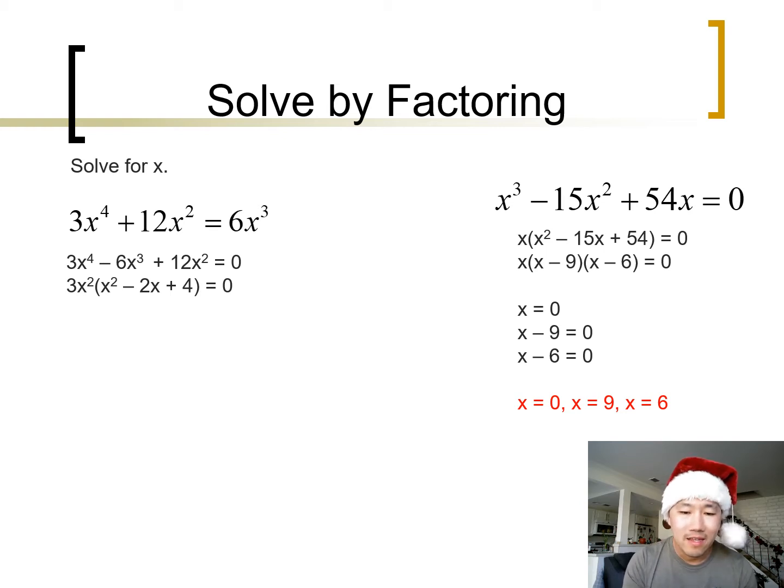And then you're going to try to factor this part. But if you try to, I don't think you can. You can't do x plus 2, x minus 2, that doesn't work. So it actually doesn't factor. No matter how many times you would try to factor it, it won't factor out nicely.